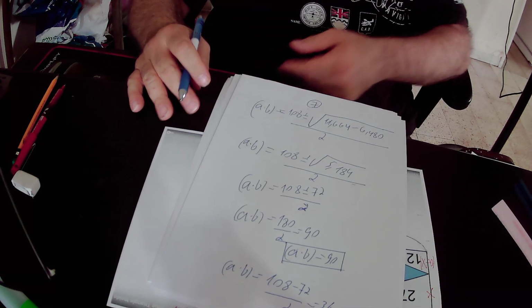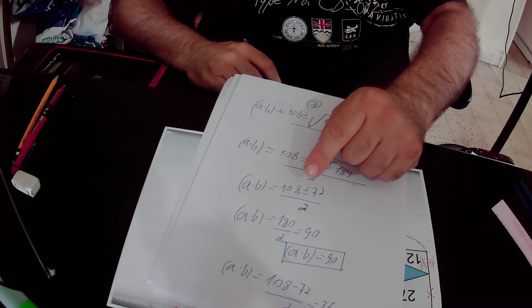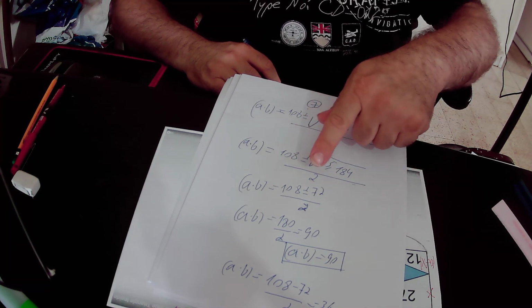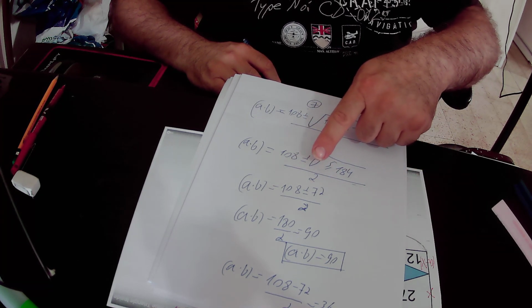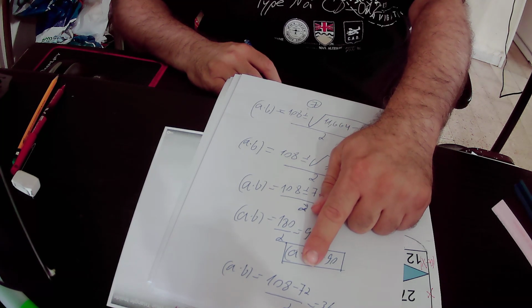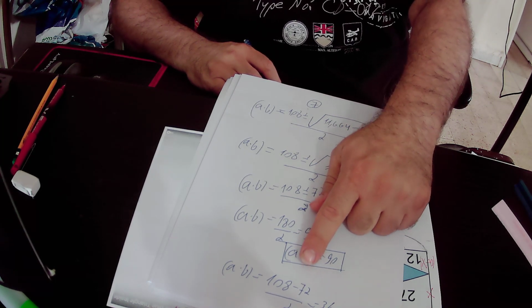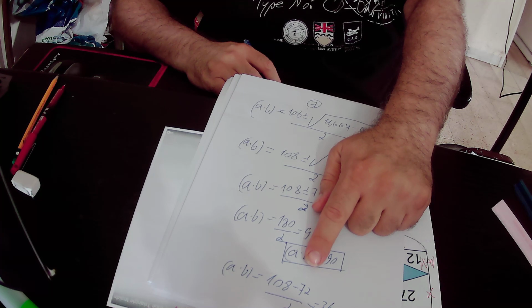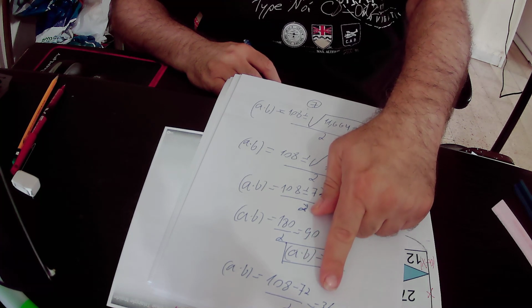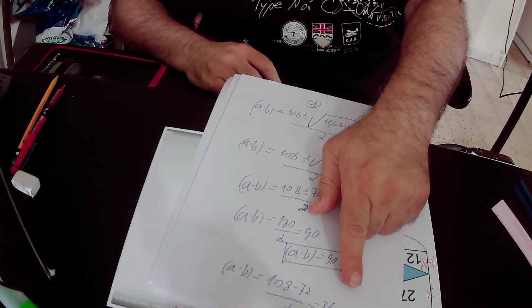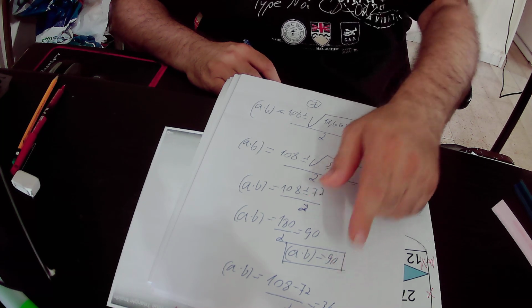So the second solution for A times B is 108 minus 72 divided by 2. 108 minus 72 is 36, and 36 divided by 2 is 18.